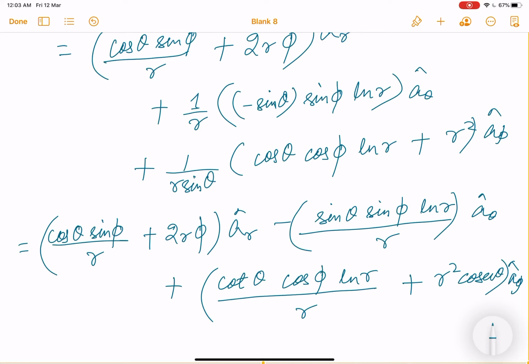All right, this was the answer. You must know how to take out the gradient for these sorts of questions, and just solve these questions in order to practice. Okay, thank you.